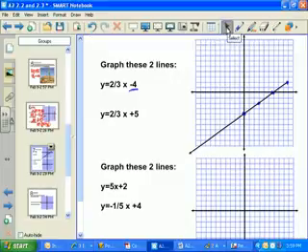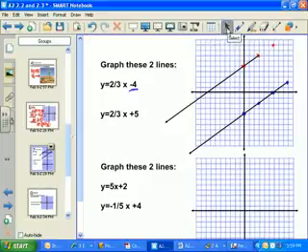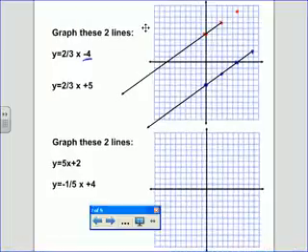And then the next one, plus 5. So 1, 2, 3, 4, 5. Y-intercept is 5. Slope is 2/3 again. Same slope, so the lines are going to be parallel. So those two lines, since they have the exact same slope, they're never going to intersect each other. So those are parallel.